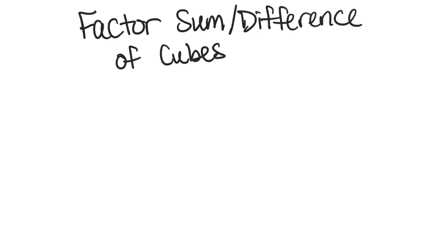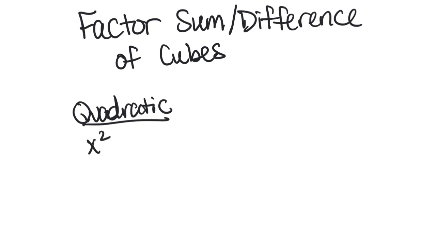Everything we have been factoring has been a quadratic. Okay, so we've done difference of squares like x squared minus 4. We've done our naked factoring where we have like x squared plus 11x plus 10.